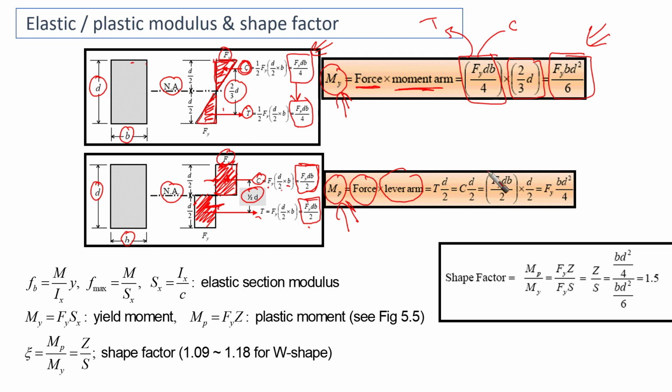Both are okay. T and C are the same, which equals F yield dB over 2 times D over 2. This gives us F yield BD squared over 4. It's very similar to this, but instead of over 6, it is over 4 here, right? This is the difference. This is the yield moment. This is the plastic moment.